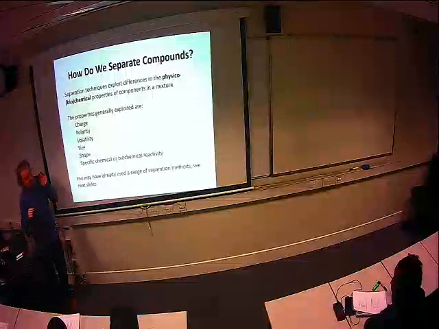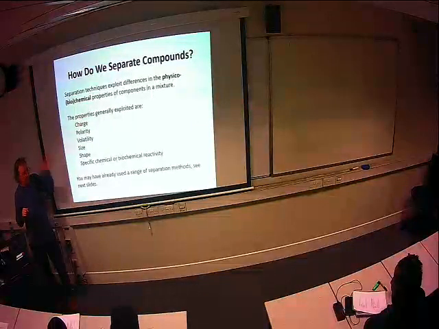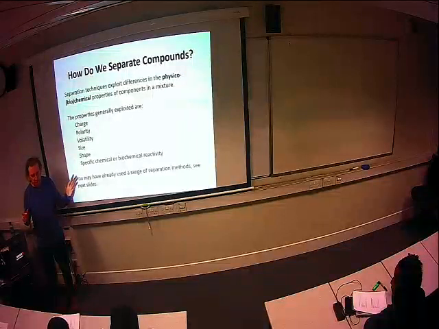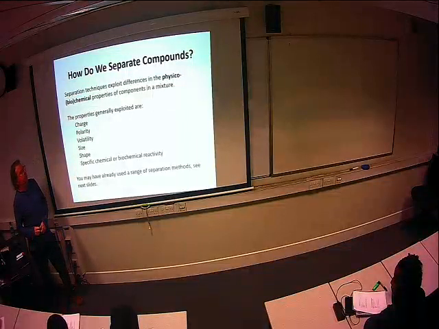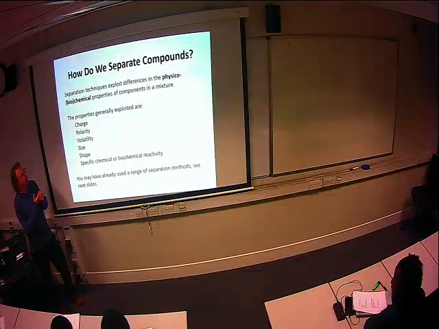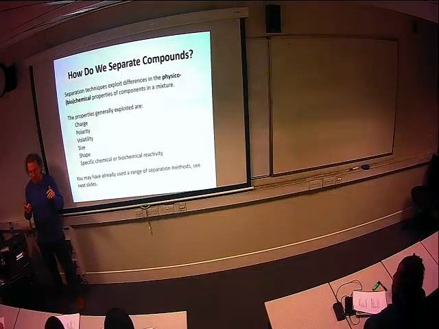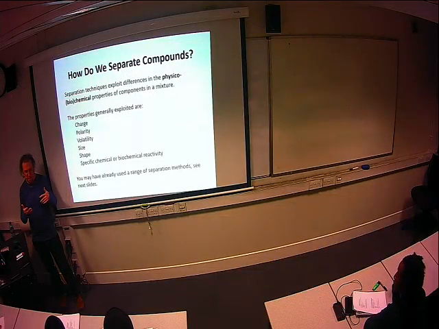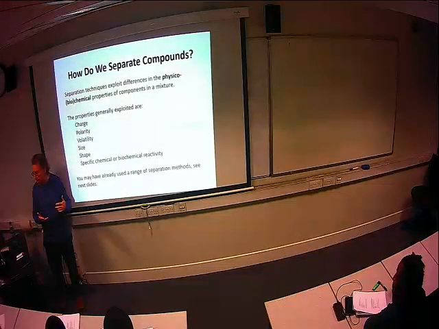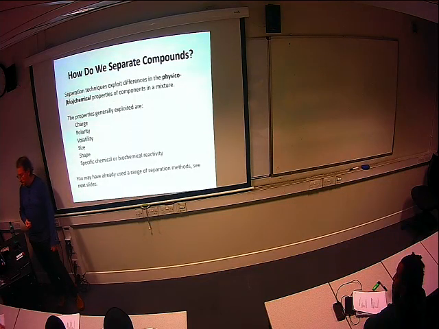Okay, so this is still a general introduction to the concepts we're thinking about here. In order to understand the techniques we're using to separate compounds, we need to think about the molecular properties of the molecules we're trying to separate out.